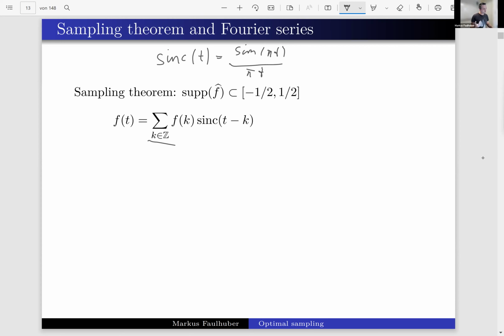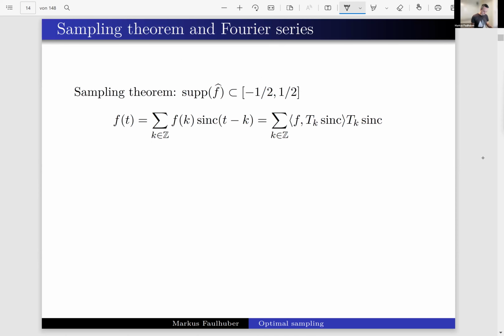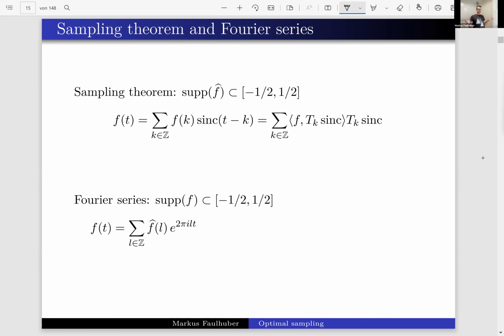As a kind of a basis. And we can also write this as taking the inner products with the time-shifted sinc function. This is kind of dual to what we have for Fourier series. So for Fourier series, usually we have something on the torus, but we can identify the torus with an interval of, say, length 1, and we just shift it so that it is from -1/2 to 1/2.